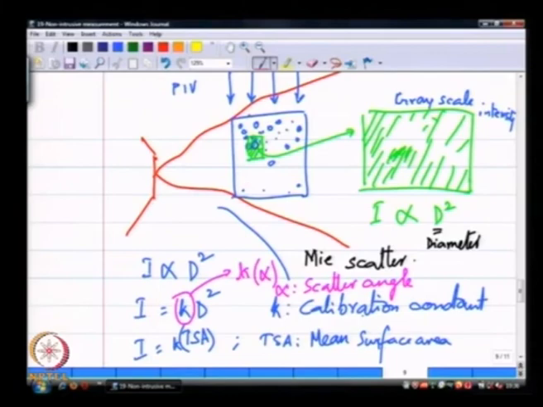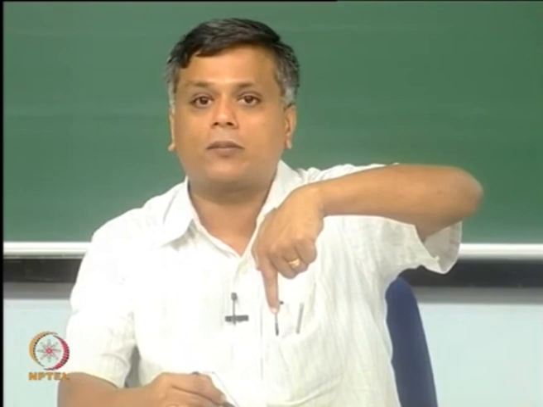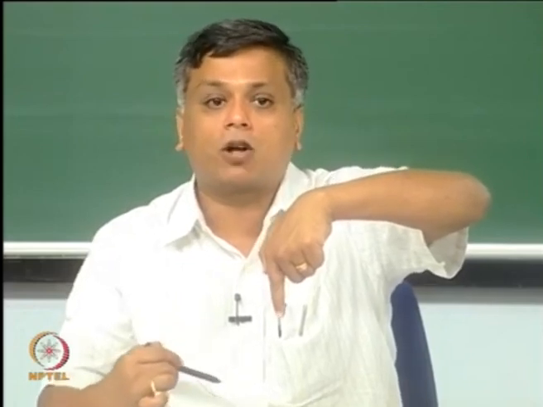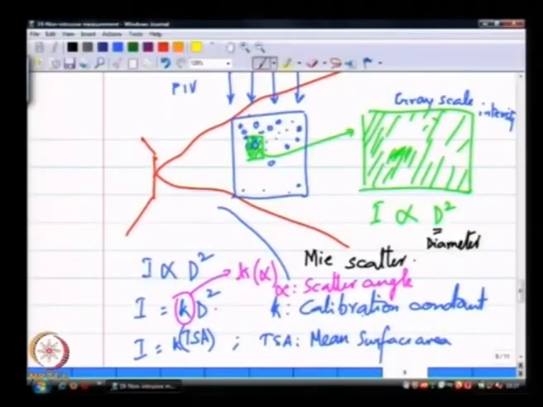So, for example, if my camera is right above the imaging plane, the light scattered from the top right corner of the image versus the middle of the image versus the bottom right corner of the image would be different, and I need this k at different points in order to get a quantitative picture of the total surface area distribution. This is a challenge and can only be addressed through proper calibration.